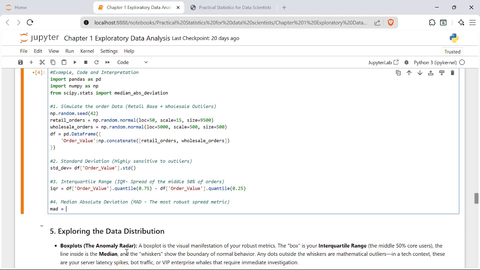MAD equals median absolute deviation of df order value.